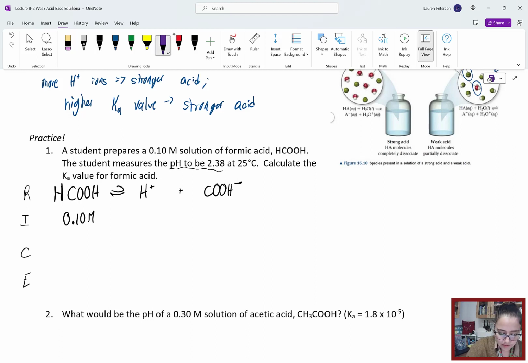Now, since we know that pH is the negative log of that concentration of H+, in order to undo a log, it's going to be 10 to that value to get the concentration of H+.